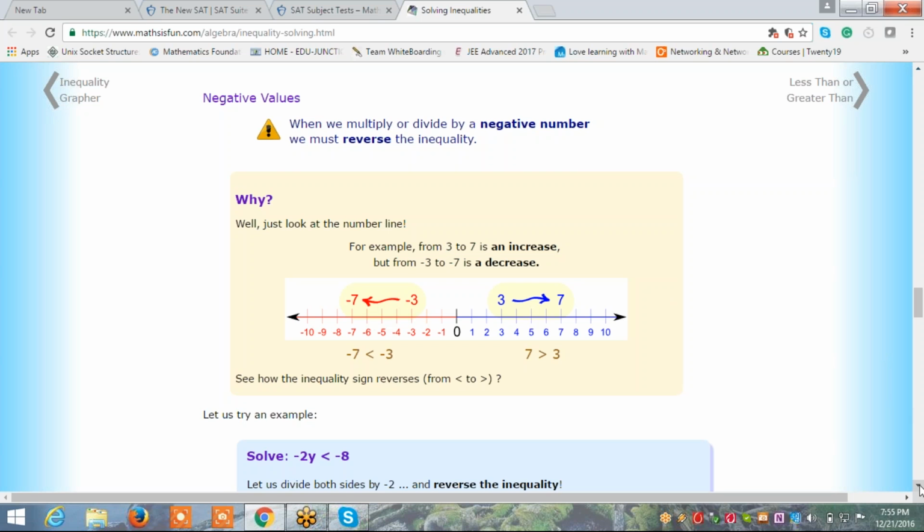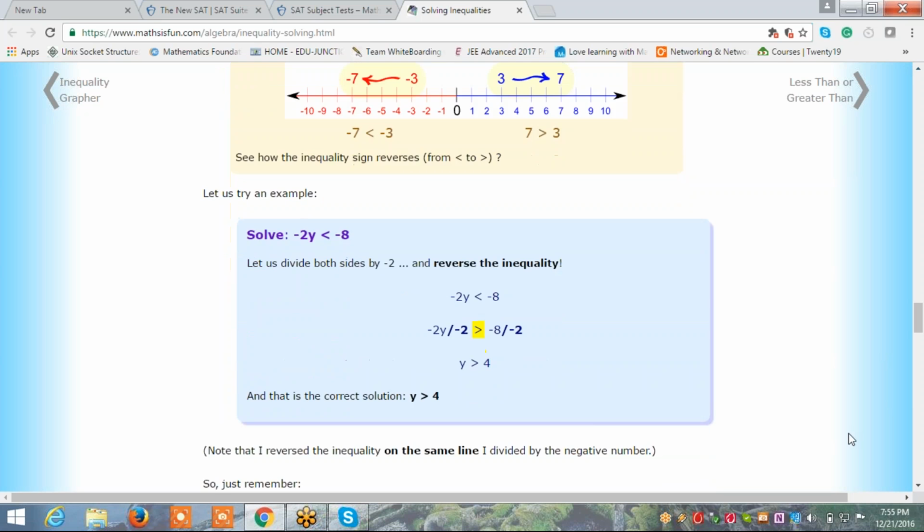Now the question is how to solve negative terms. Minus 2y less than minus 8. This is the one I'm going to insist you remember. Reverse the inequality.